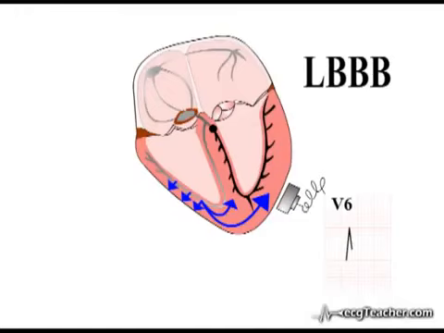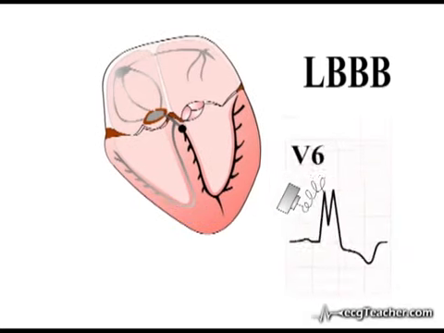The slow spread of signal through the left ventricle dominates all others, and as it is moving towards V6, it generates a second R wave in this lead. This QRS morphology is the broad M-shaped QRS complex in the left-sided leads, characteristic of left bundle branch block.